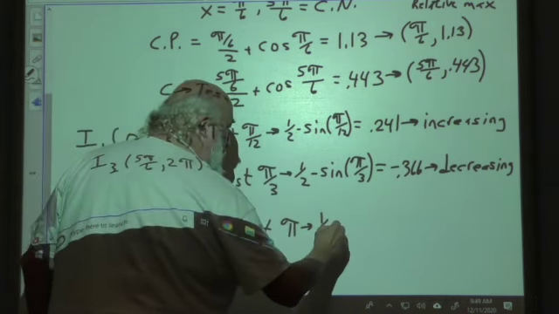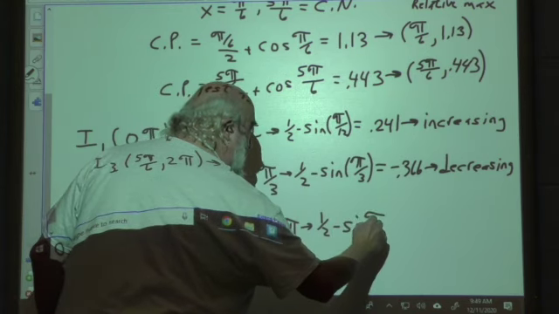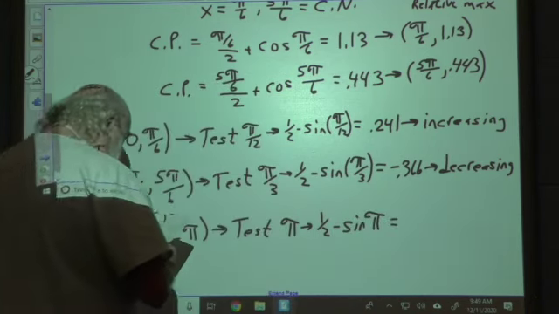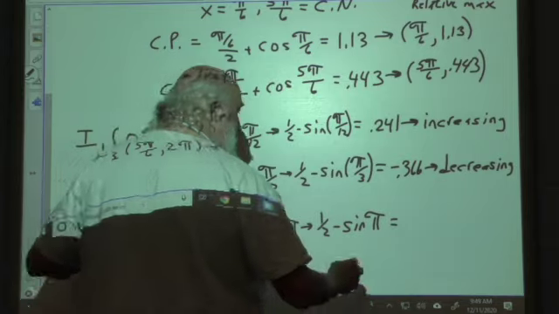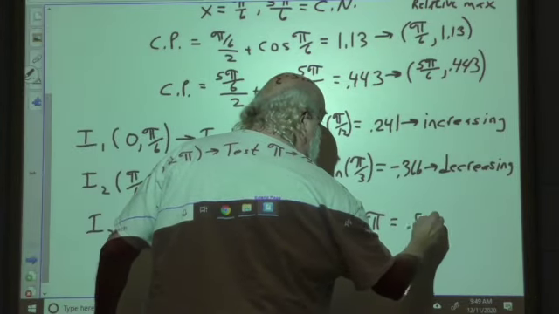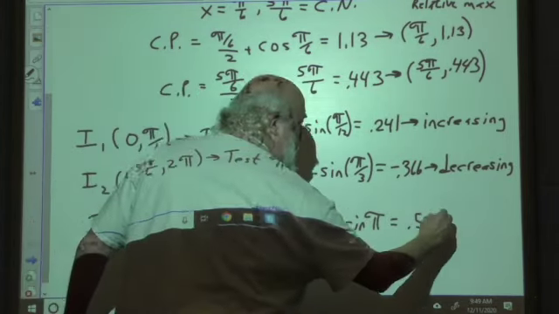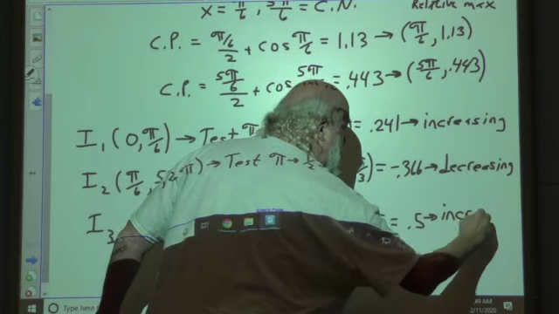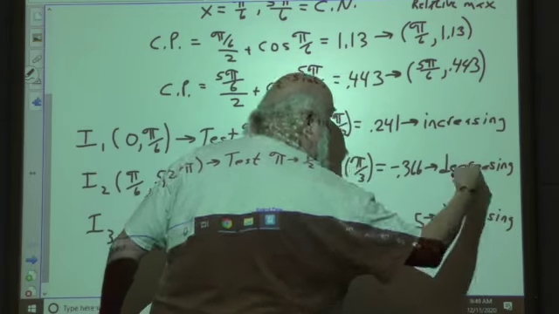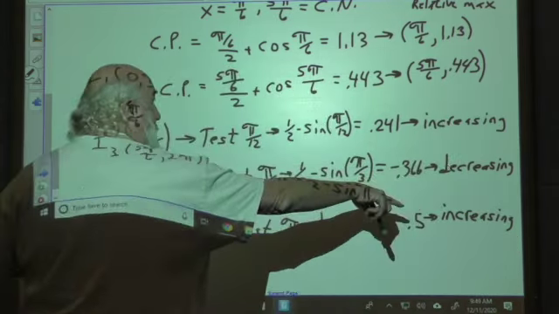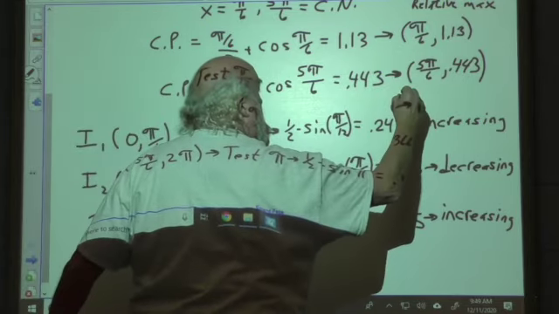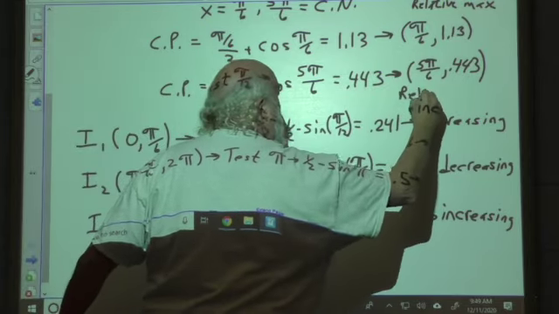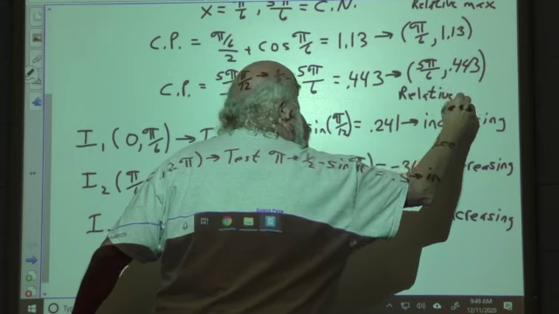So 1/2 minus sine of pi, and I get an answer of positive 0.5. If that's positive, it means this is increasing. This is just the opposite of what was happening between the previous two values. So that makes this critical point the relative minimum.